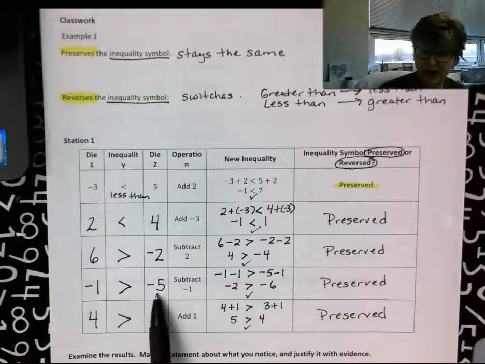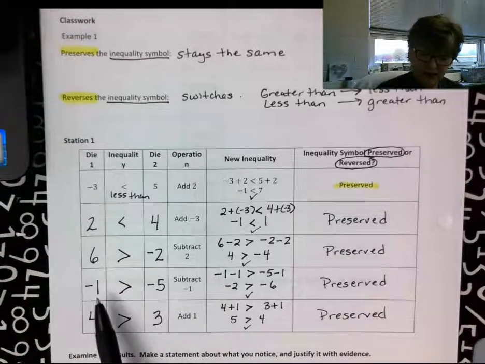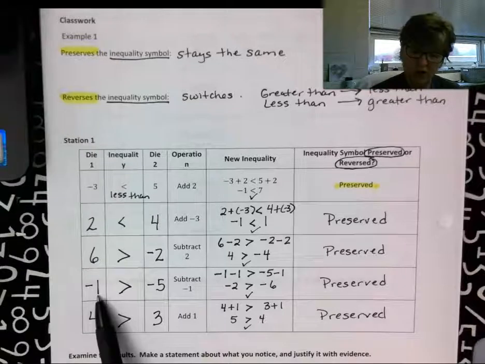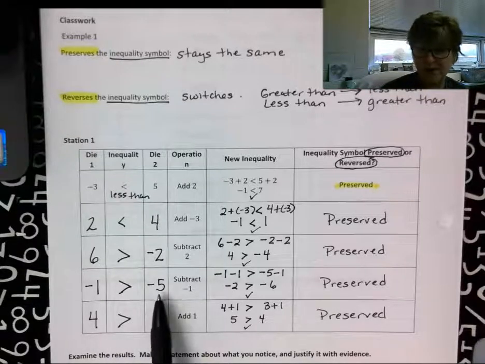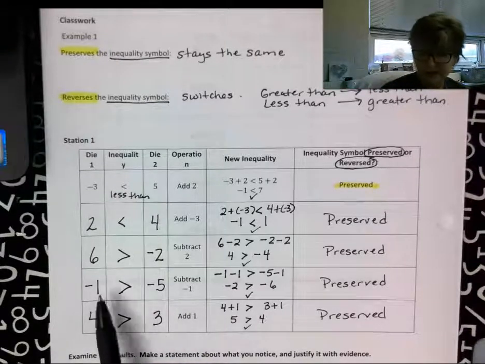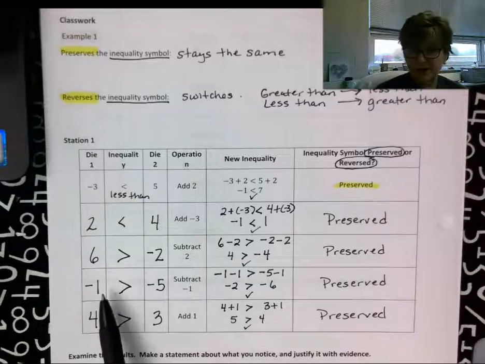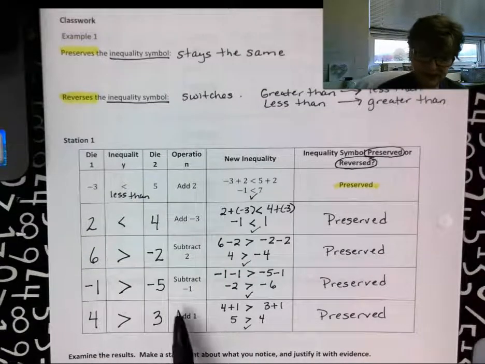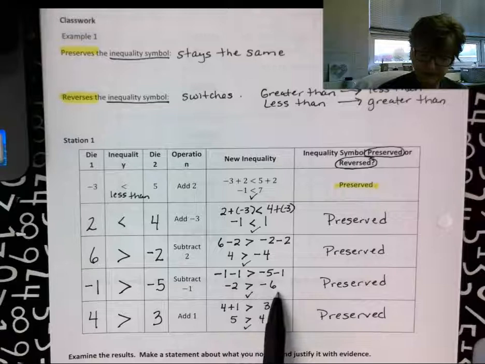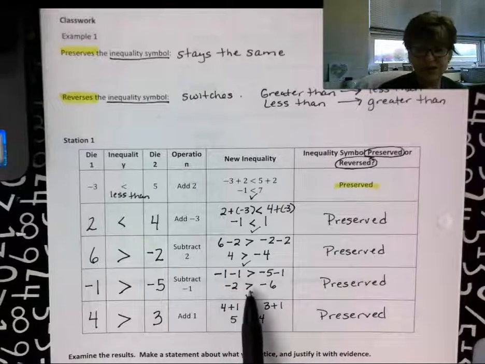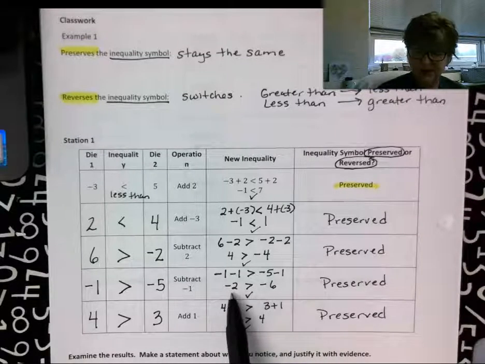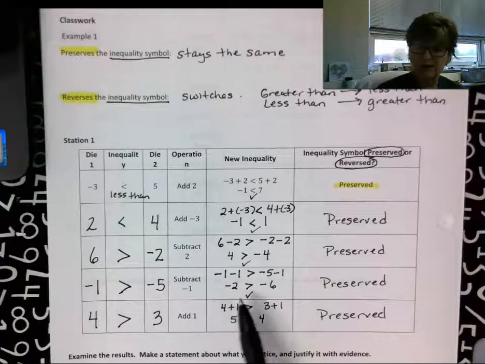-1 is greater than -5. Always think about it. Would it be better to owe $1 or better to owe $5? Obviously, this would be a better scenario. And again, subtracting. So -2 is actually greater than -6 because it is closer to 0.